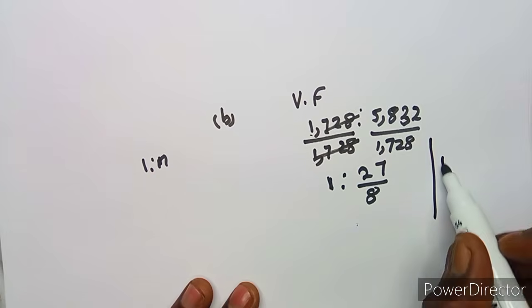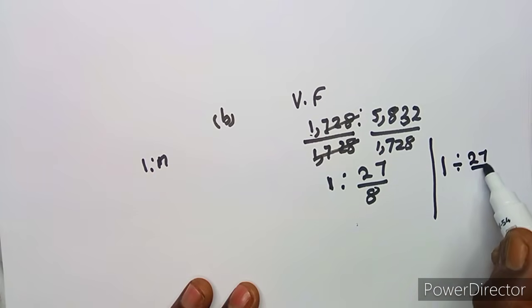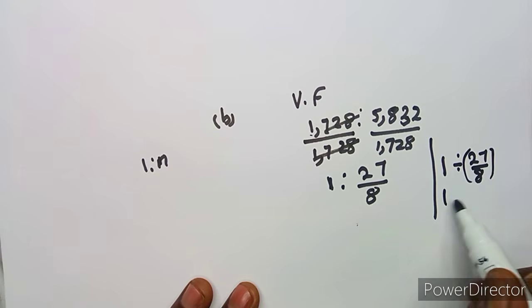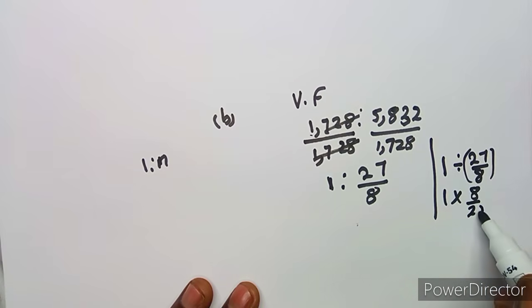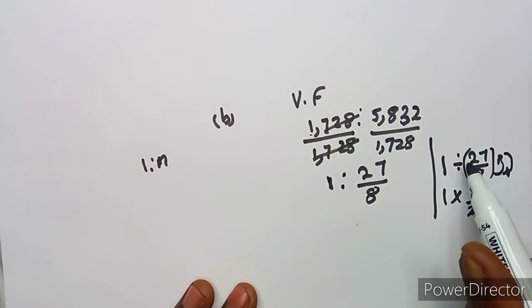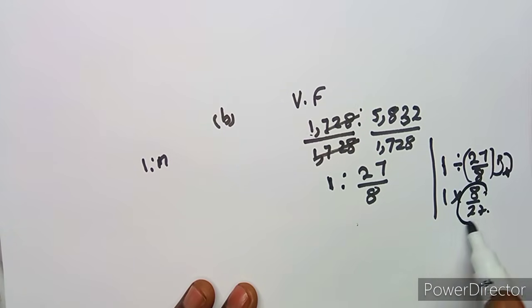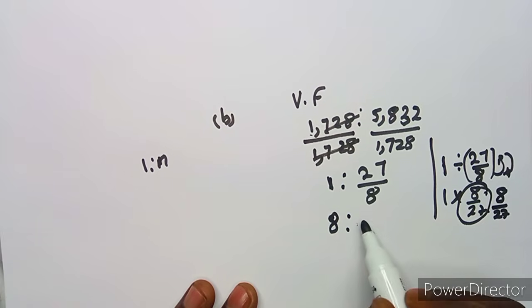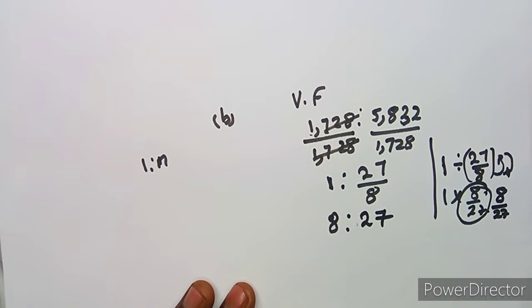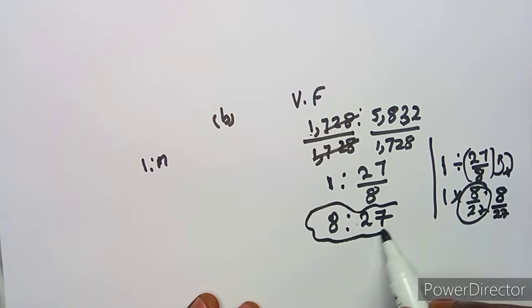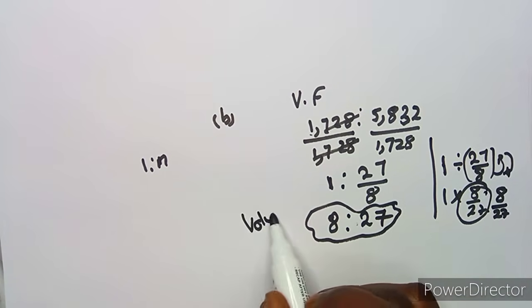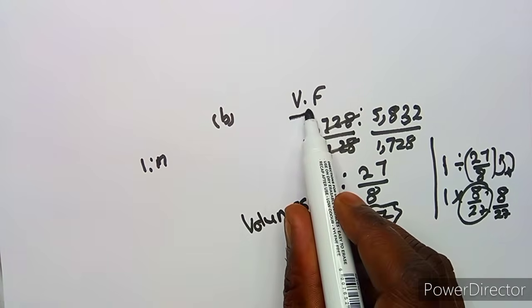It means 1 divided by 27/8, which simply means 1 times 8/27, because we invert the second fraction. So this ratio gives us 8/27, which simply means 8 is to 27. It's one and the same thing. So this is the ratio of volumes, which is the volume factor.